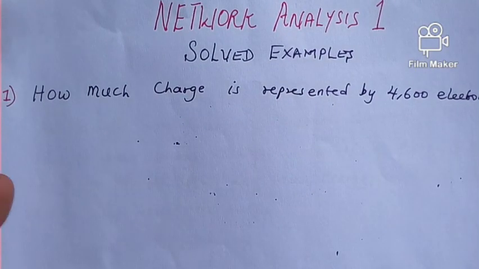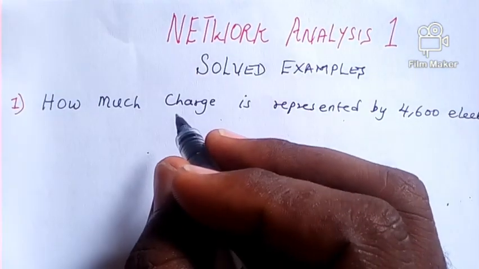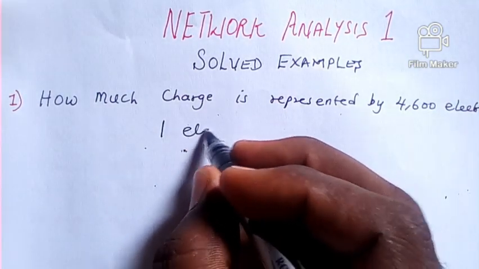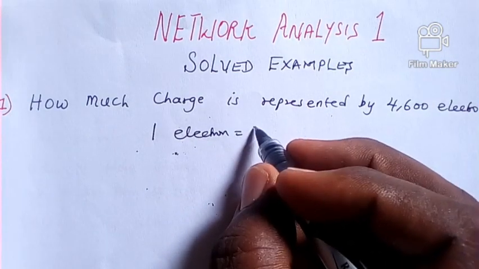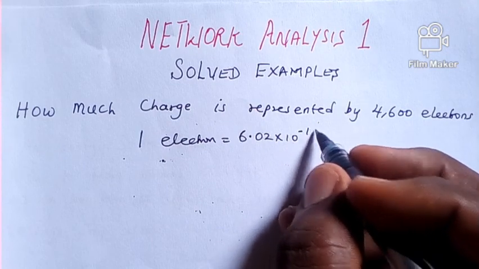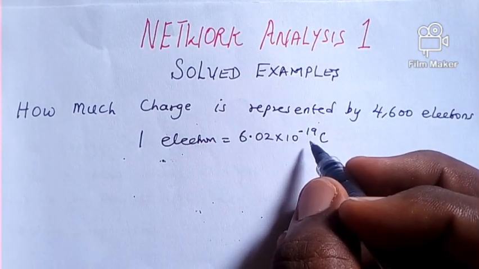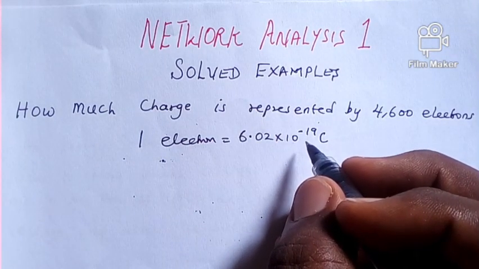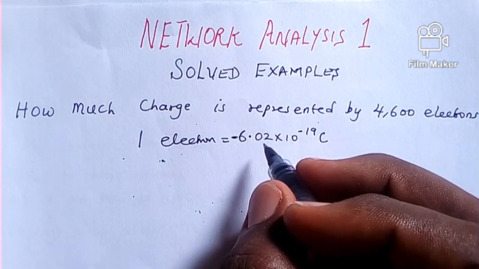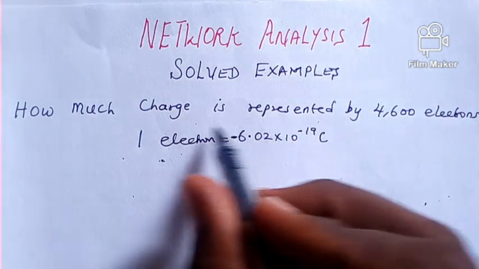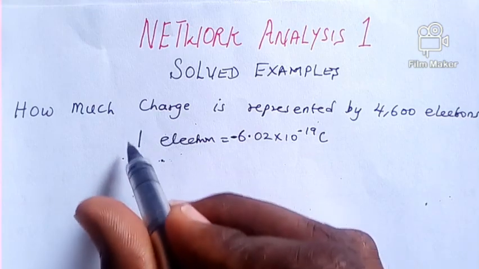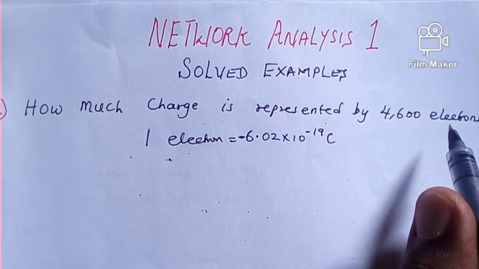From the knowledge that we have on charge, we define that 1 electron is equivalent to 6.02 times 10 raised to the power of minus 19 coulomb of electricity. Remember, an electron is negatively charged, so it's going to be negative 6.02 times 10 to the minus 19. If you can remember this information, you will be able to solve this problem. It's a really simple problem.